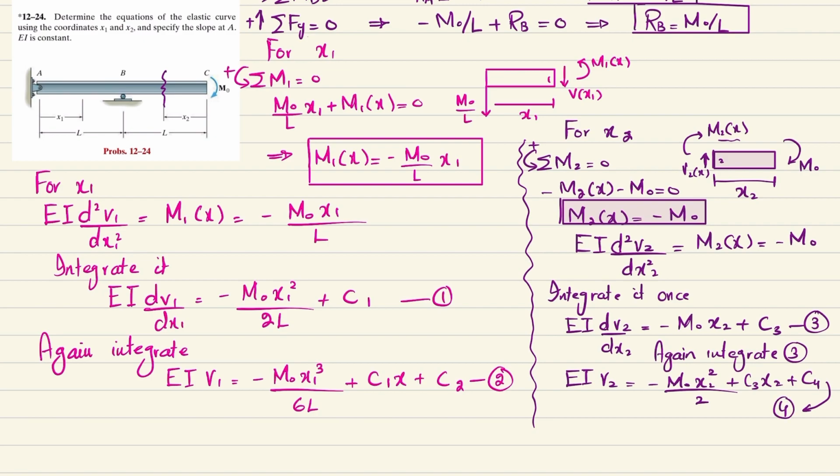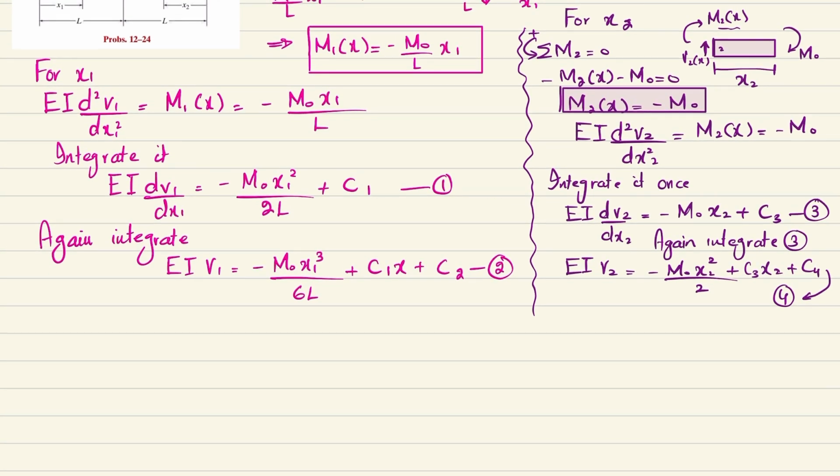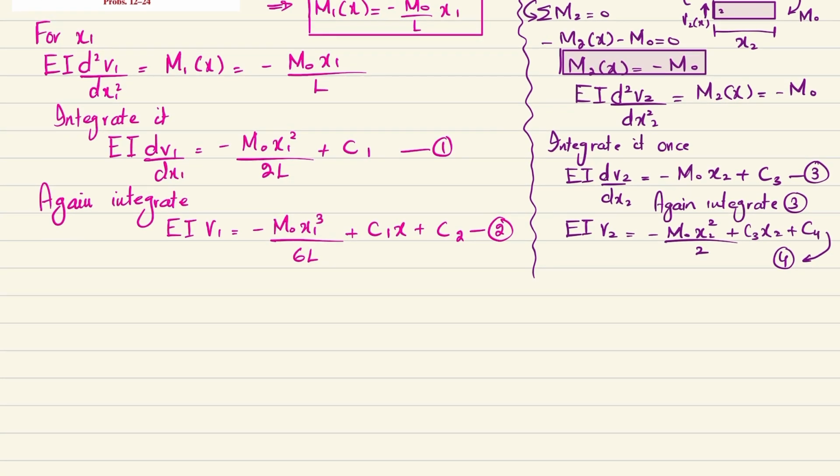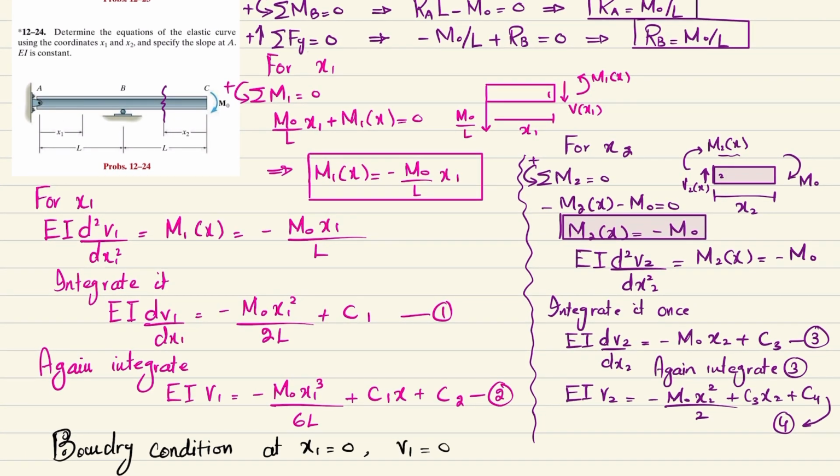Now you can see that C1, C2, C3 and C4 are unknown constants of integration. So we will find them by using boundary conditions. So I have to write the boundary conditions. Now you know this very well. So the first boundary condition is at x1 is equal to 0, we have deflection v1 is equal to 0. So you can check it over here.